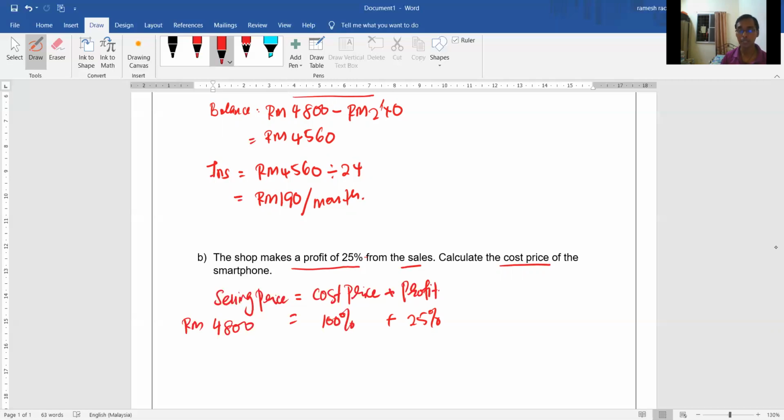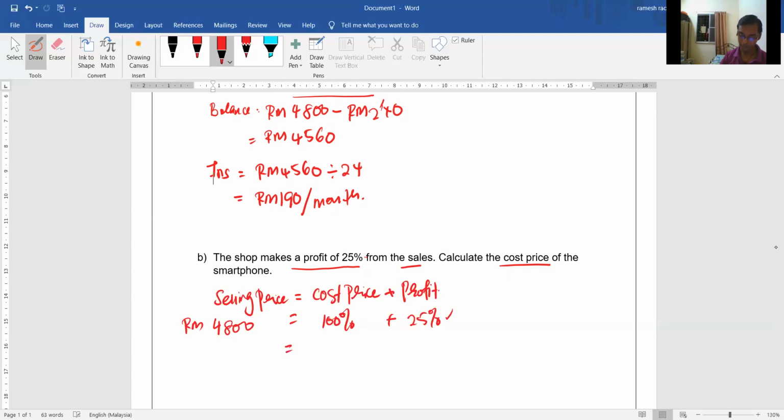The cost price is before you add your profit. Once you add the profit you want, the percentage will be 25%, based on the selling price.